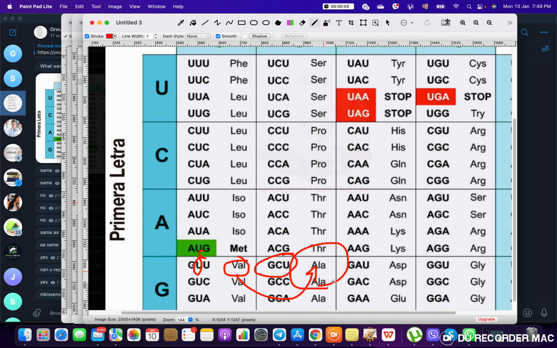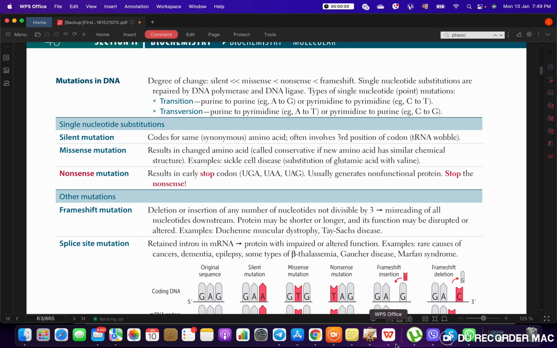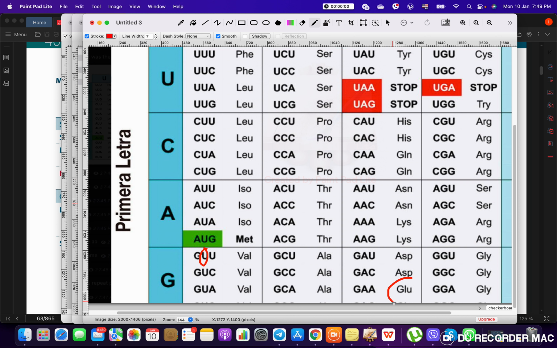For example, in the case of sickle cell disease, as you can see here, we had conversion of glutamic acid into valine. So the GAA was converted to GUA.